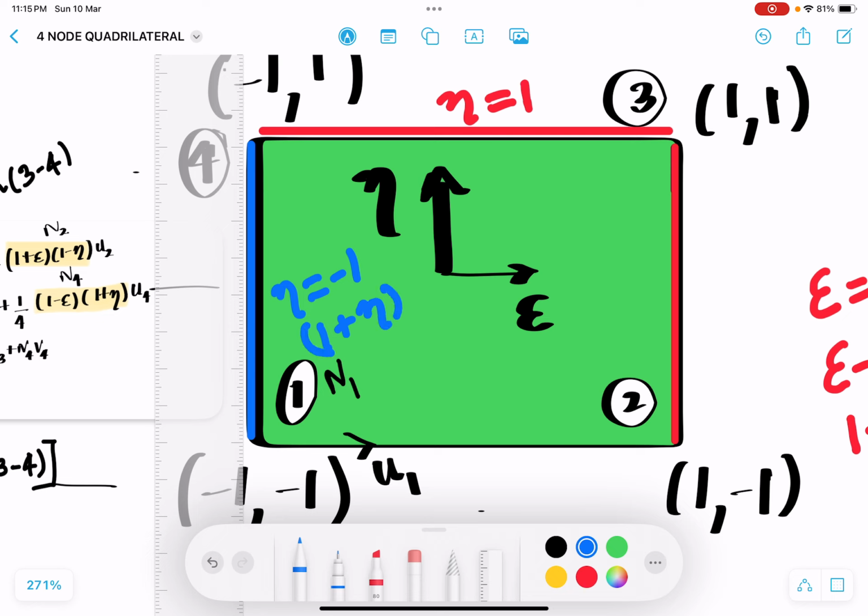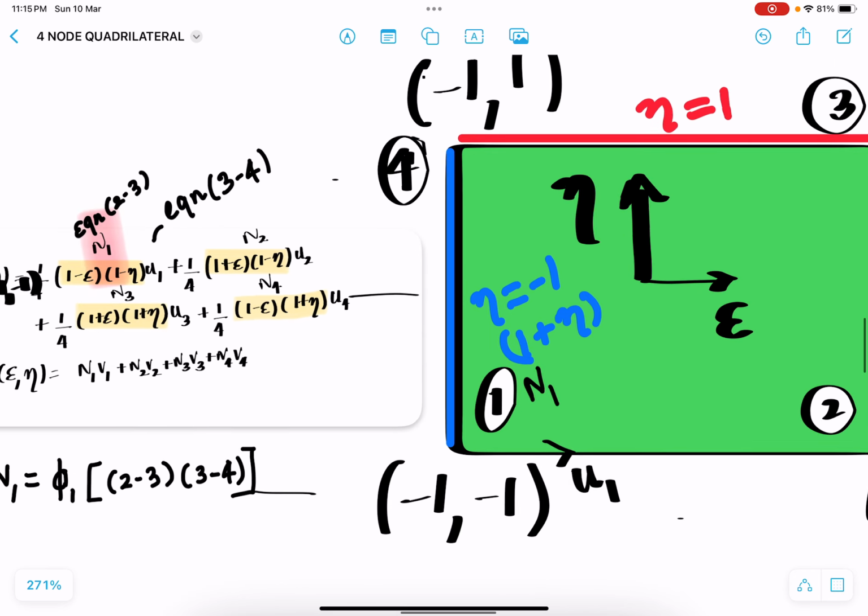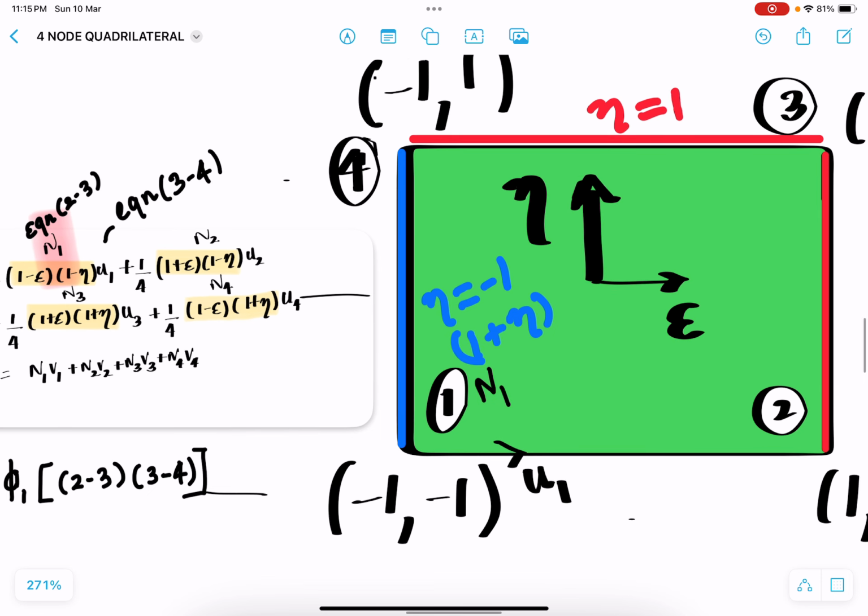Let us see whether 1 plus eta is out there for n2. Okay, we are trying to find the shape function for n2.